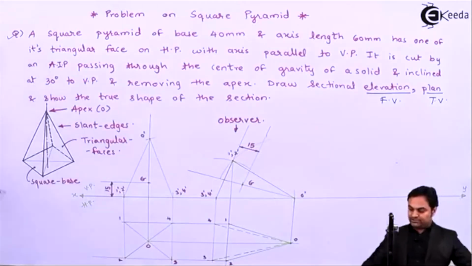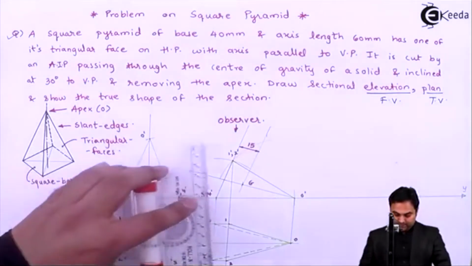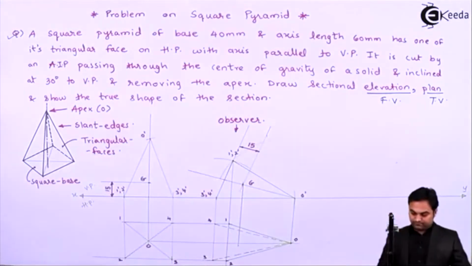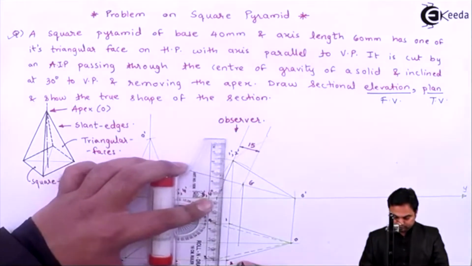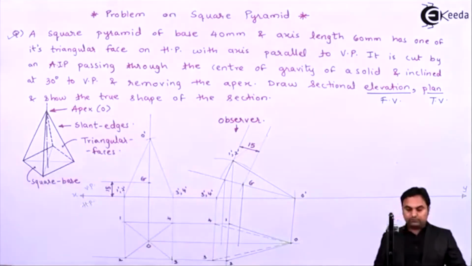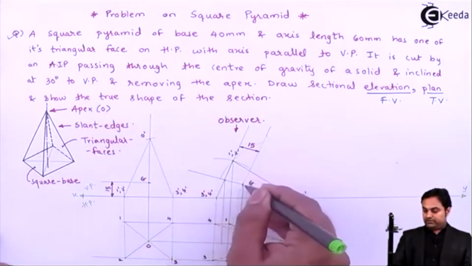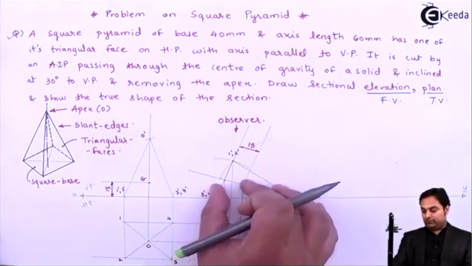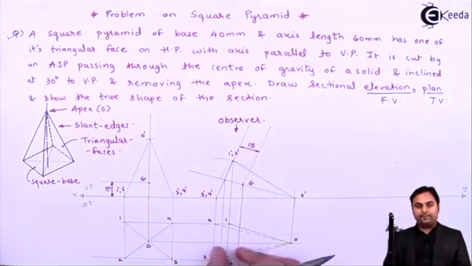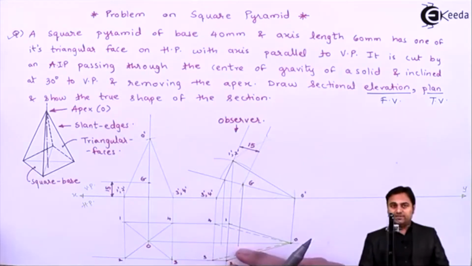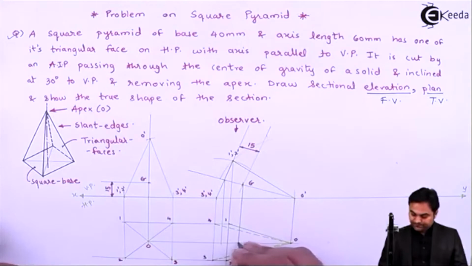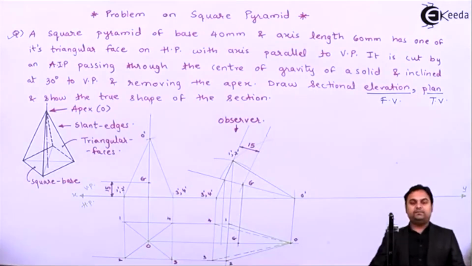So here I am projecting this point G in the top view. Now here this is 15, it means it is showing the true length, but in the top view that length has become apparent for the CG. So I have to take this point as the CG and then pass the cutting plane.